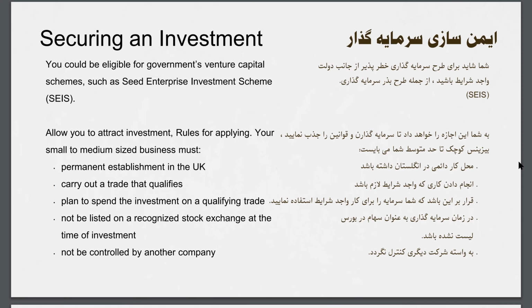And then for securing an investment, you could be eligible for government venture capital schemes such as the Seed Enterprise Investment Scheme. This allows you to attract investment, and then the rules for applying are that your business must be small to medium sized.